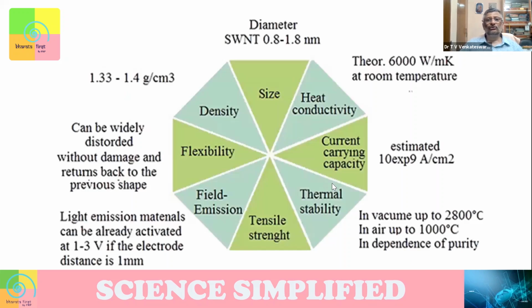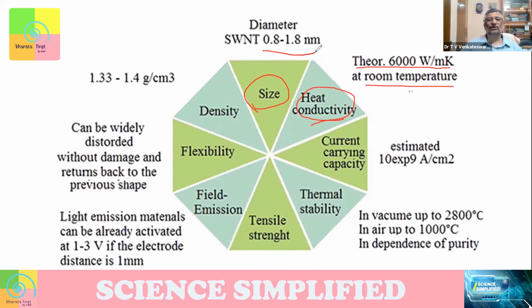If I look at the carbon nanotube and its properties, for example, it has a thermal conductivity of about 6,000 watts per meter Kelvin at room temperature. It has a good high heat conductivity. Its size is very, very small, 0.8 to 1.8 nanometer.